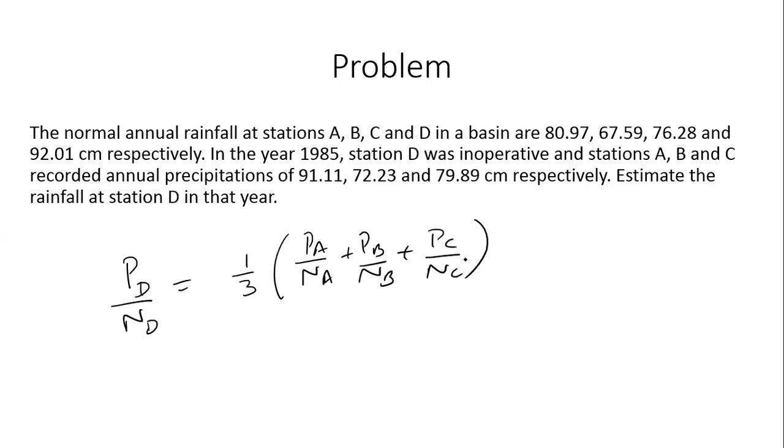I'm just taking the ratios of P by N for A, B, and C, adding them up, dividing by 3 to get the average, and then equating it to PD by ND. I know ND, so I can solve for PD. I'm not going to go through the numbers, but the final answer is 99.5 centimeters. So that's the answer for this particular problem.